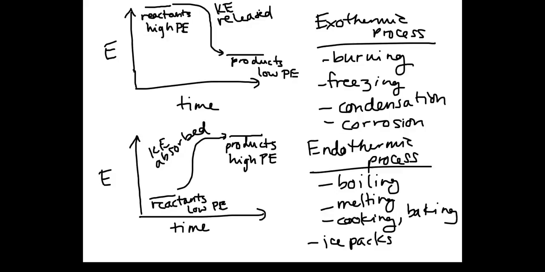So if you have a reaction happening in a metal vessel, that heat is going to go into the metal. You can also think of bigger systems, for example, going on a run. Biological systems get very complicated because there's tons of reactions happening all the time. Some of them are endothermic, some of them are exothermic. But overall, as you go running, you are expending energy into the environment.